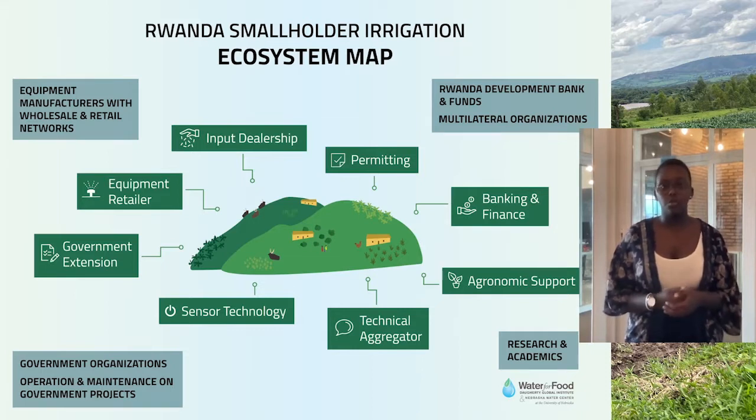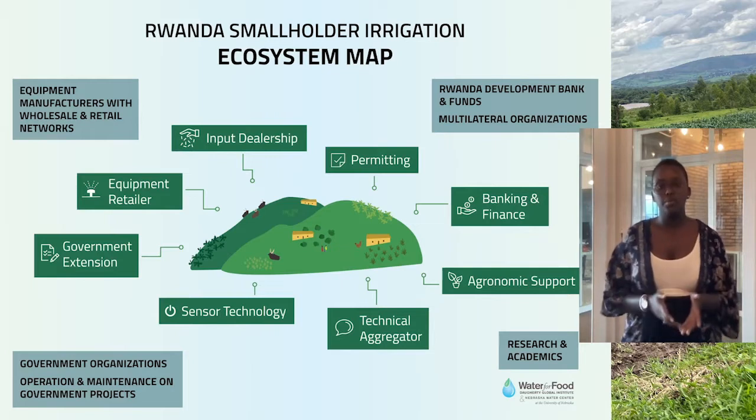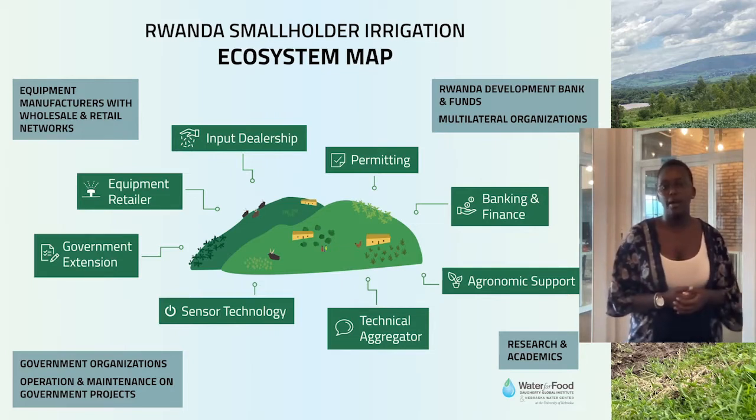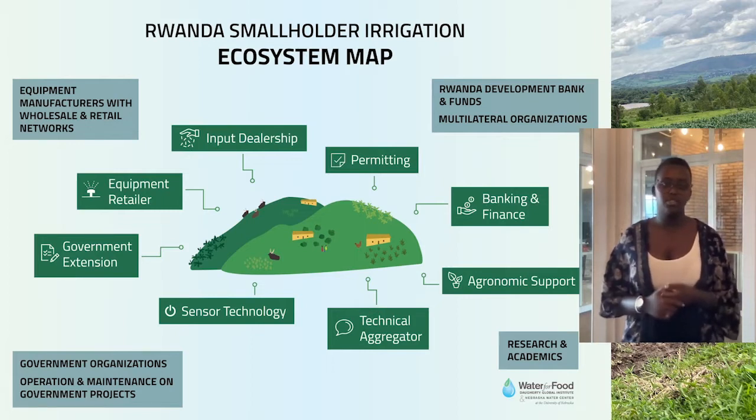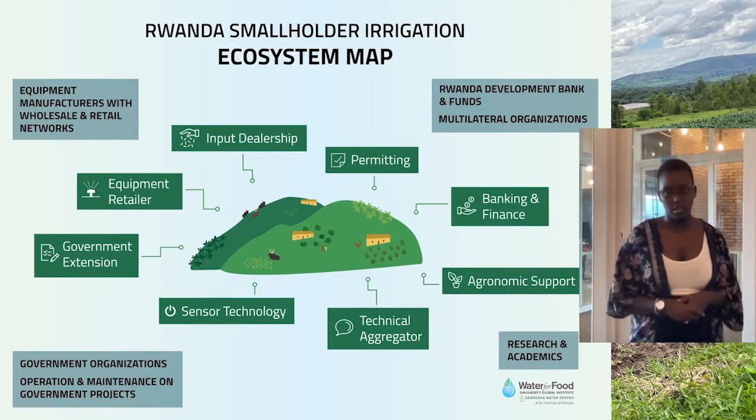The main goal of the Rwanda smallholder irrigation ecosystem map is to show all key players surrounding farmers and their role. This map can be used by entrepreneurs interested in starting an irrigation business to identify potential customers, suppliers, partners, investors, donors, and other resources.